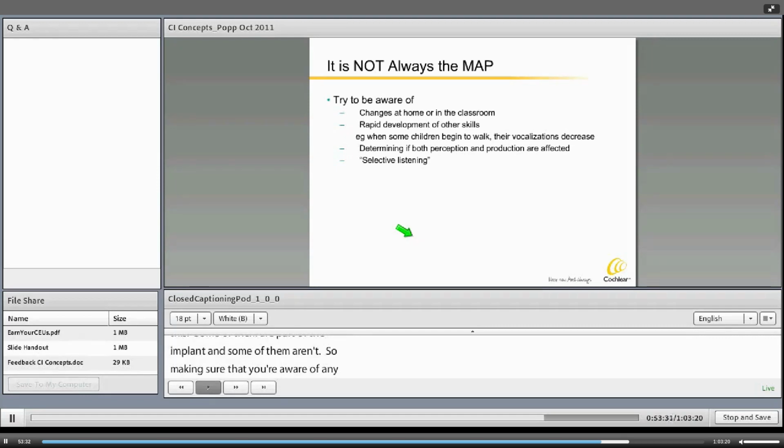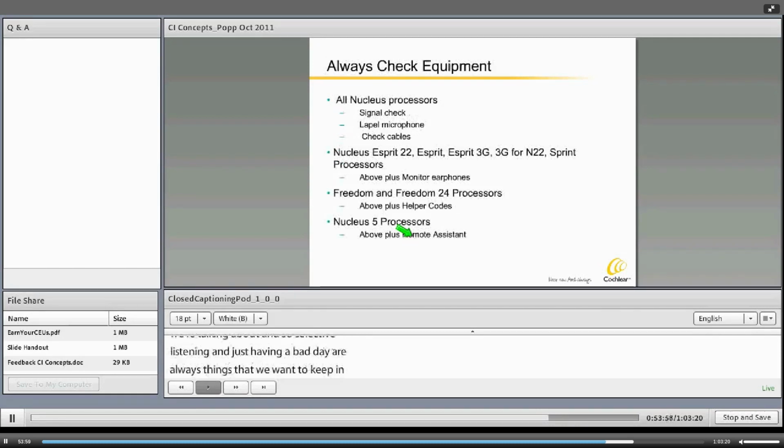The first thing I'm going to say is, while all of those things are really important, it's not always the map. There are a lot of other components that can contribute to this. Some of them are part of the implant and some of them aren't. So make sure you're aware of any changes at home or in the classroom, whether they're having a rapid development of other skills, maybe on the motor side.